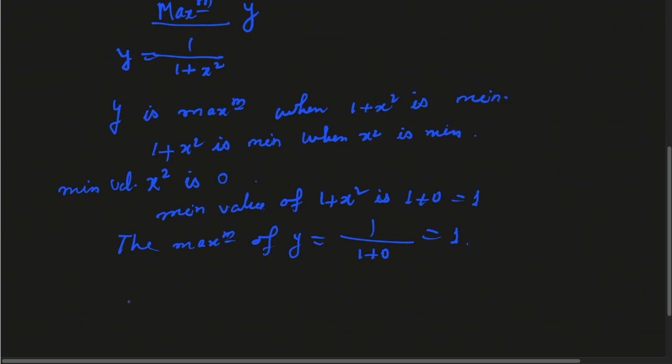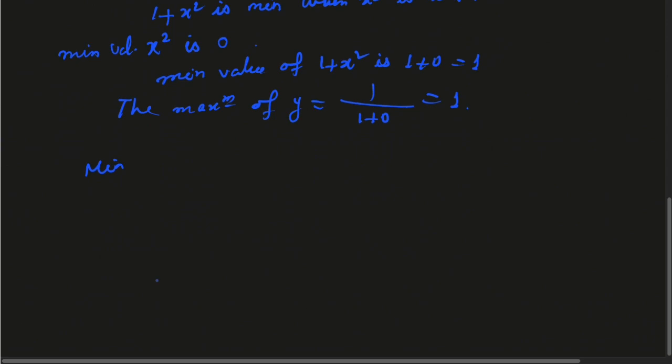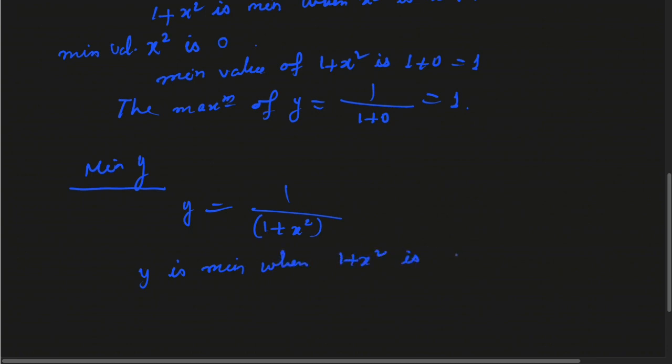Now let us see what is the minimum value of y. Minimum of y will be when this denominator becomes maximum. So y is minimum when your denominator, that is 1 plus x square, is maximum.